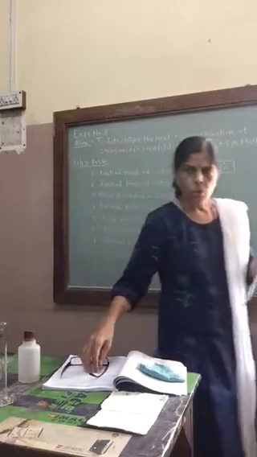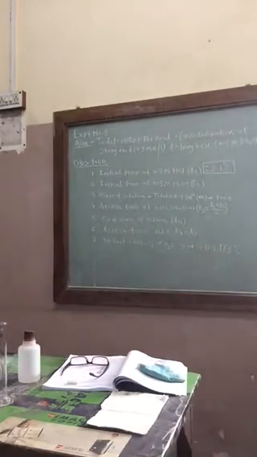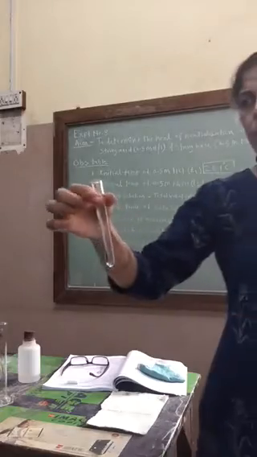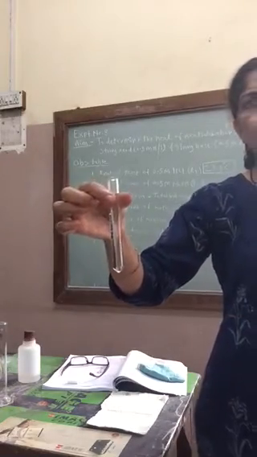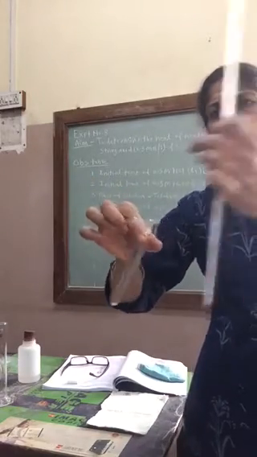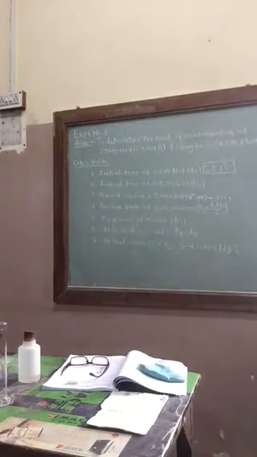So go to the sink. In one of the test tubes, you are going to take roughly one test tube of water and pour it on the lower part in the sink itself.